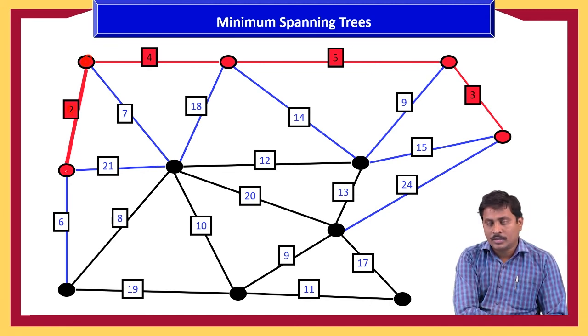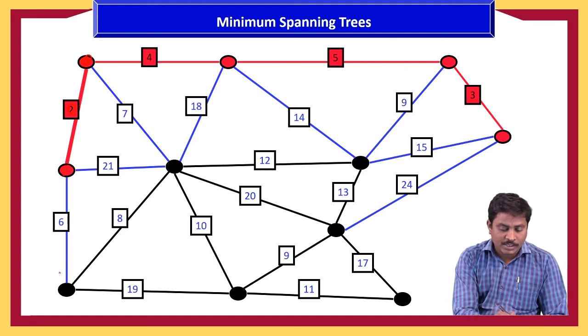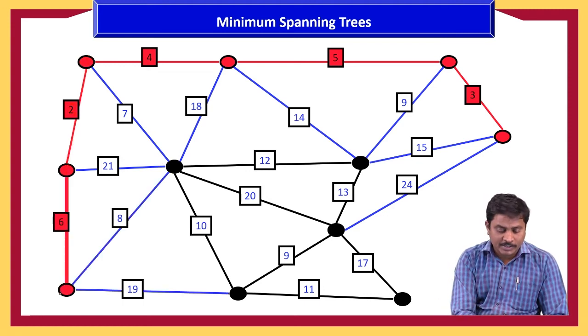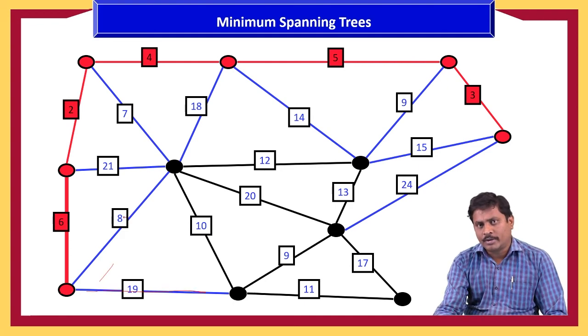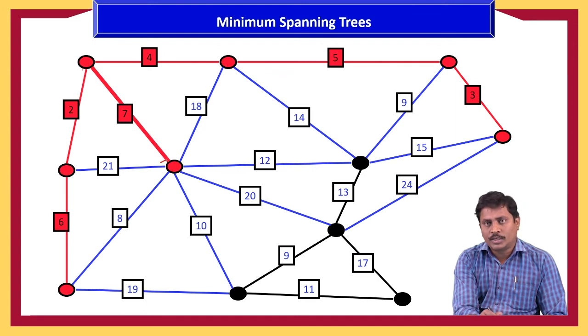Next, we already reached here. Here 6, 21. The minimum value is 6, we choose that 6. Next this vertex consists of 8 and 19. The minimum value is 8, we choose that one. Whichever vertex has the lesser cost value, we choose that one. Here it has 7, we choose that one.